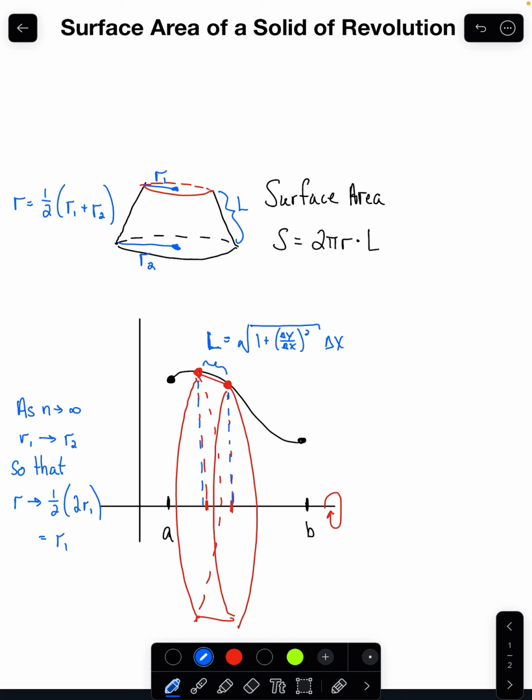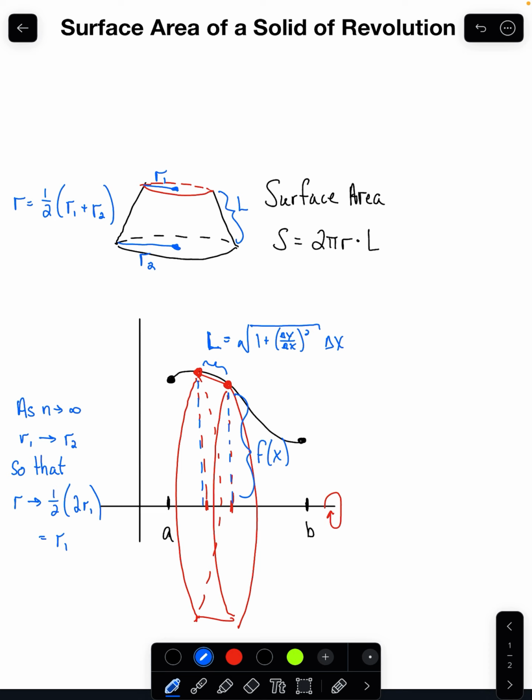The idea then is that we can use either the left or the right side because they are essentially going to be the same number. And what that ends up being is simply the height of the function somewhere in the partition. So our radius essentially ends up simply being f of x.